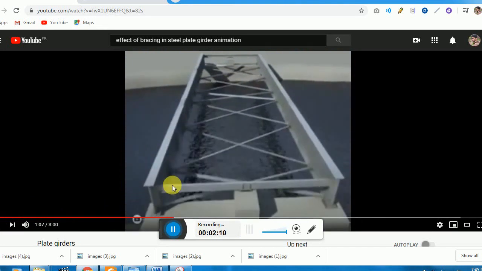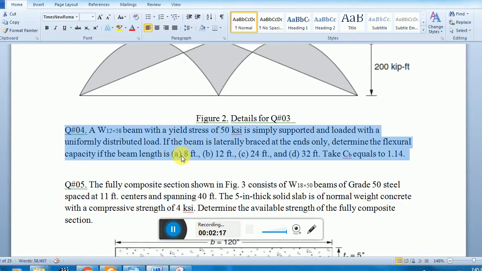So we have one case in which it says that when your LV is LV, it means that if the beam is laterally braced at ends only, determine the flexure capacity if the beam length is 8 feet, 12 feet, 24 feet, 32 feet.